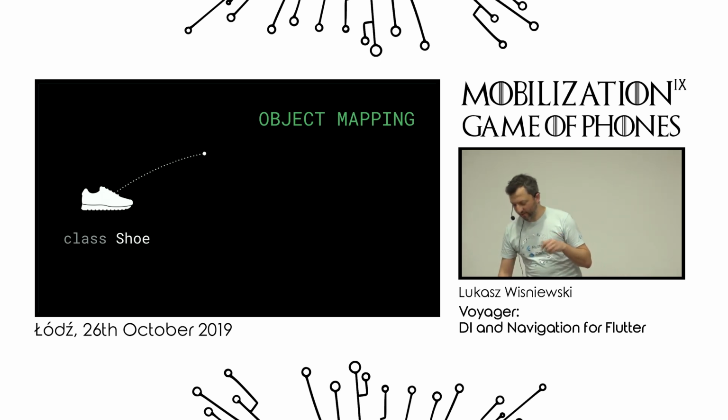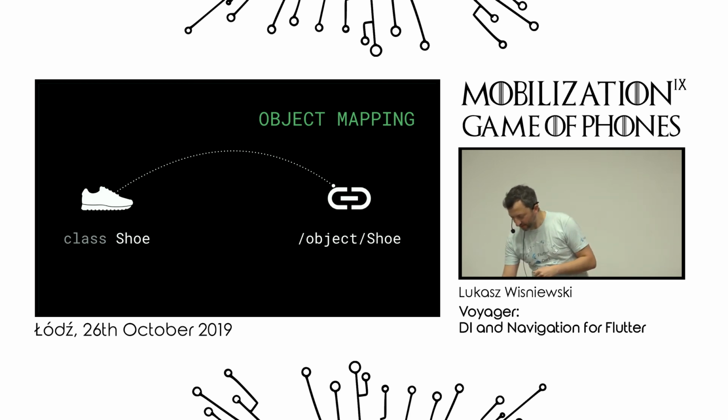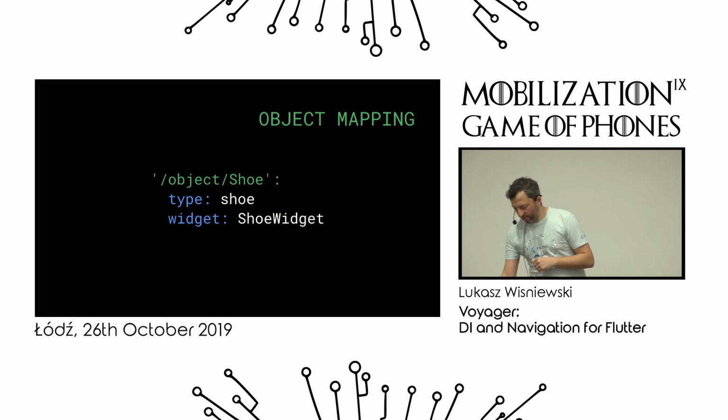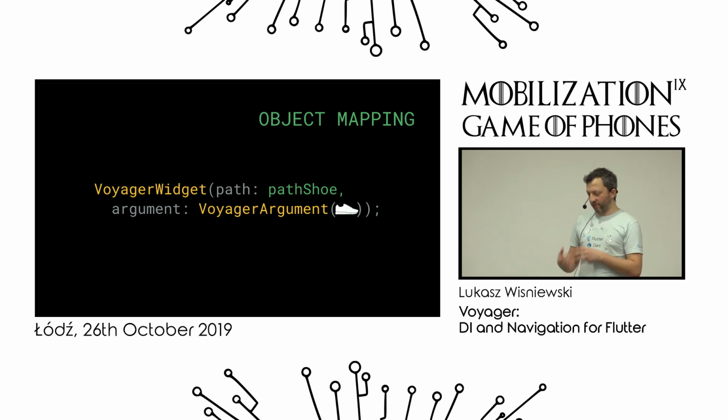And now with this, you can map shoe to any path or class shoe. And as we know, Voyager is good at mapping paths to widgets. So essentially, we can turn an object of shoe into a widget without explicitly referencing the shoe widget.